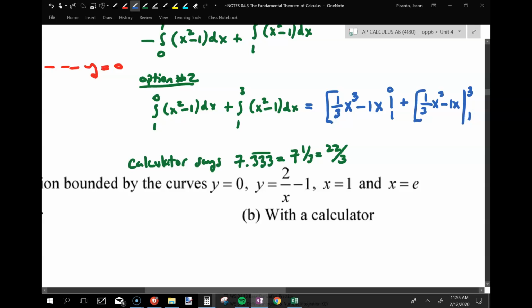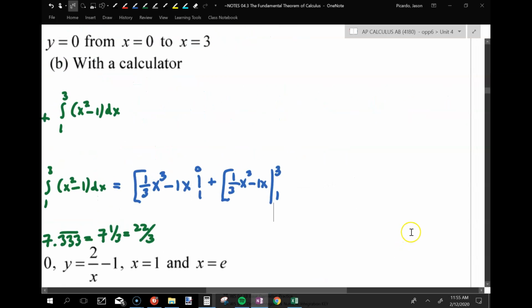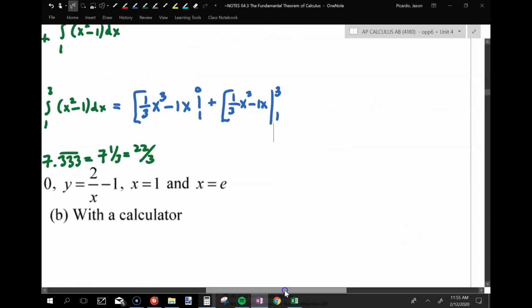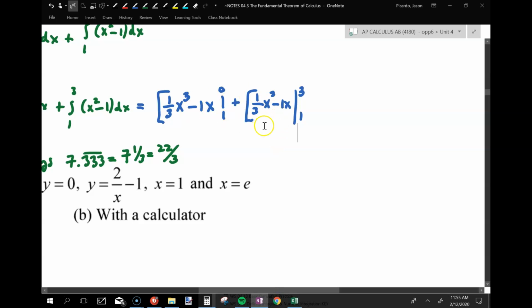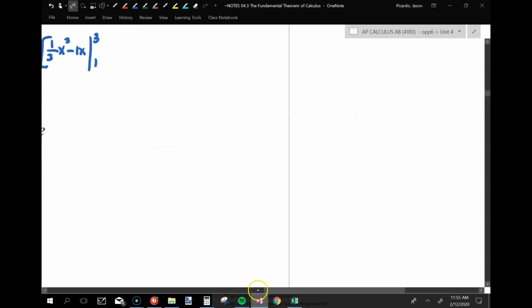All right, so that's what I got to do, right? And again, guys, you're expected to be able to do this by hand, right? So it's a pain, but we got to be able to do it.